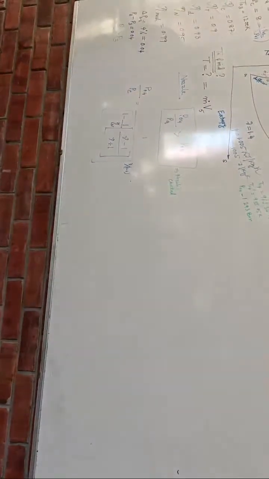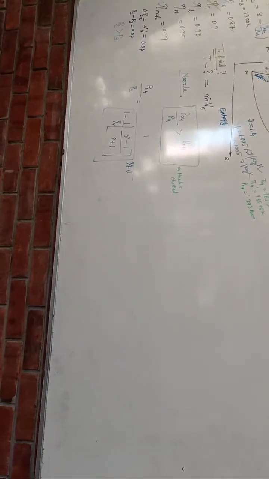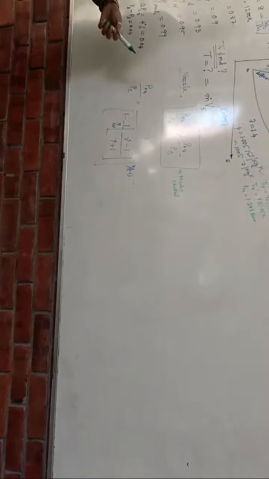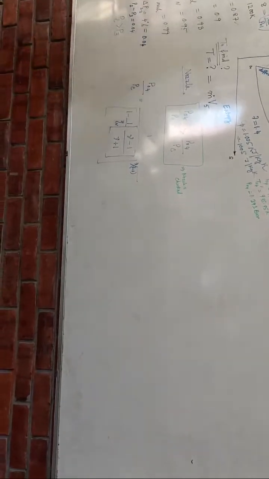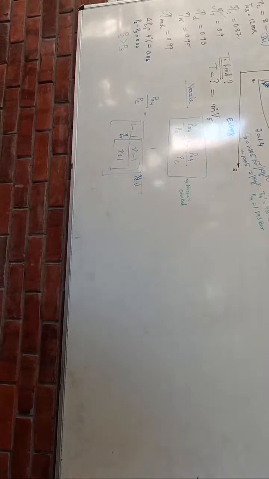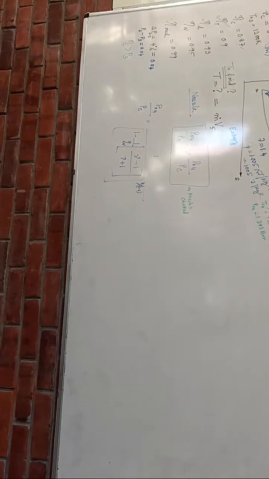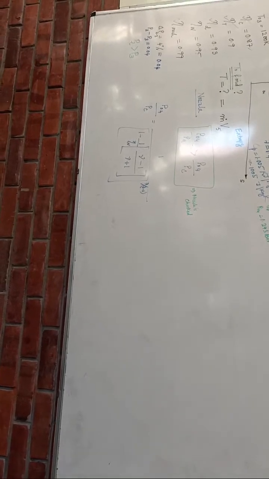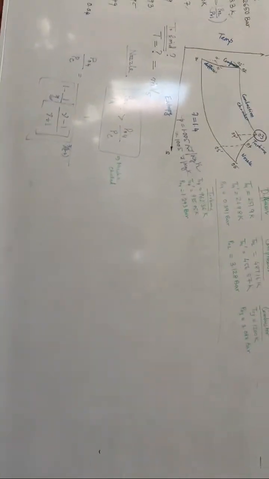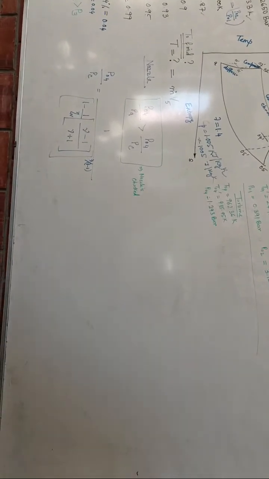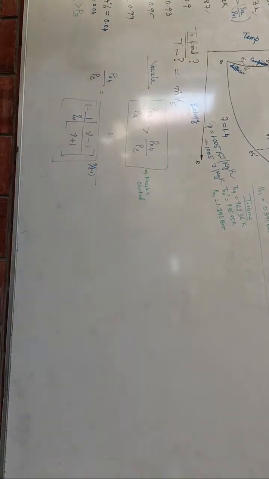This is the formula to identify the value of P naught 4 by PC. So write down the conditions of this and find out.